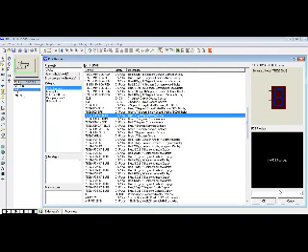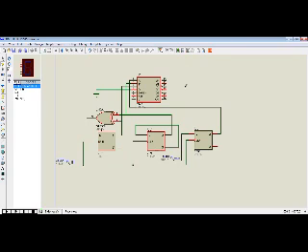Here, this is our display section, the common anode. We can do the connections from the decoder to the display.